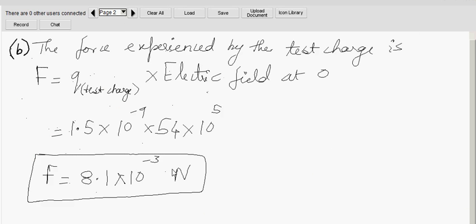So here you can write the direction. So this is acting in a direction opposite to that of E.